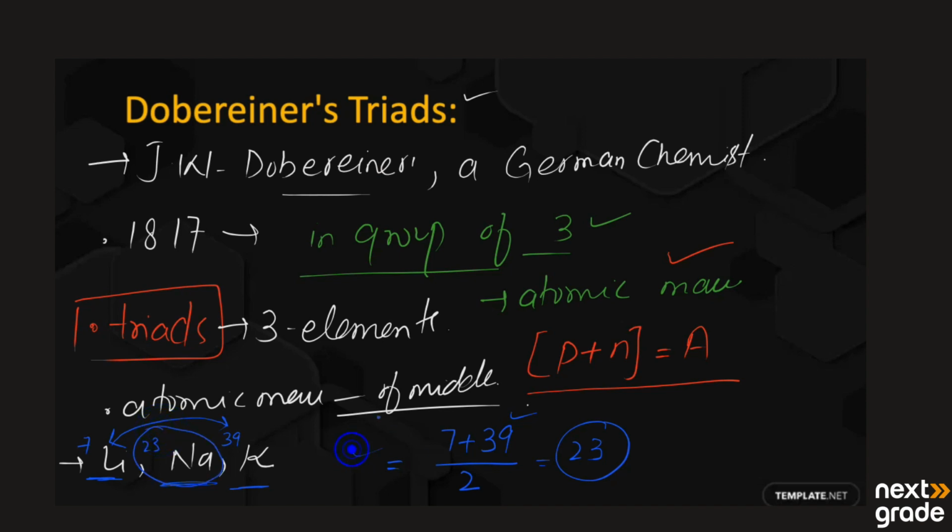That's why he called them triads, because they have three elements. But it had limitations, as it could not be applied to other elements. So it was a little contribution in chemistry, known as Dobereiner's triads.